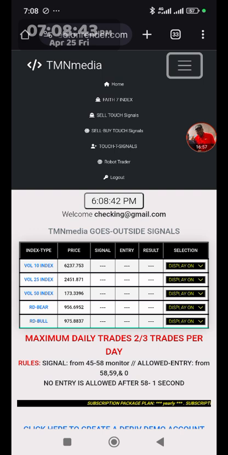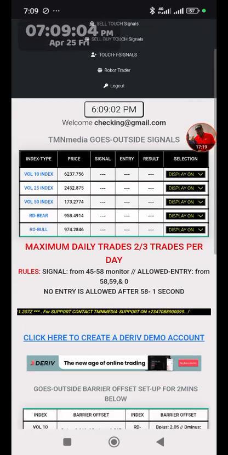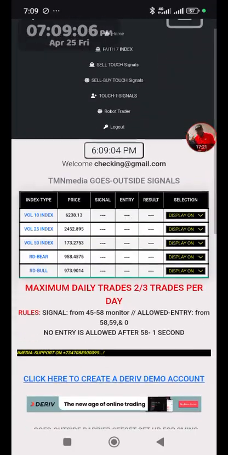There is a reason why I have not added it. The reason is that I'm still optimizing it. So because I'm optimizing it, these are the signals I provided.